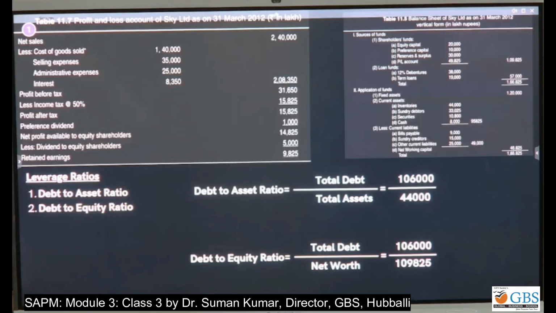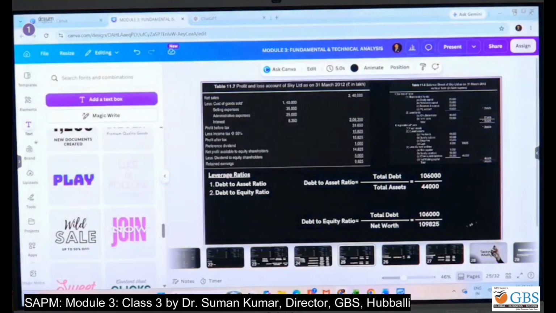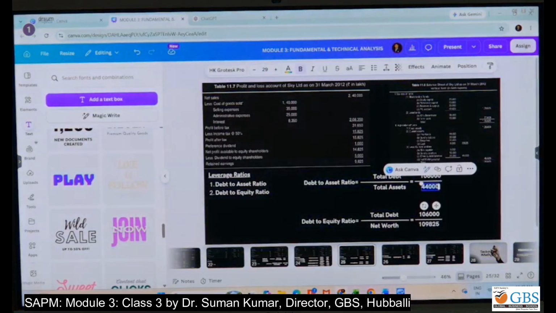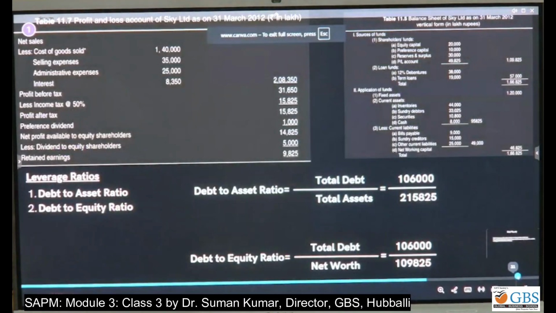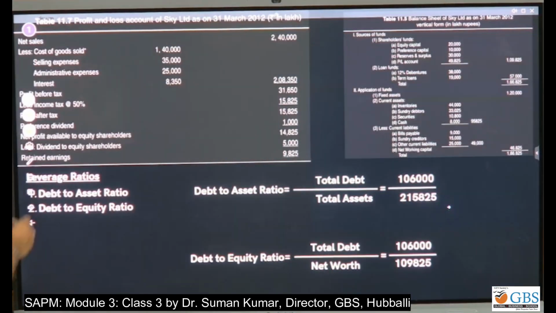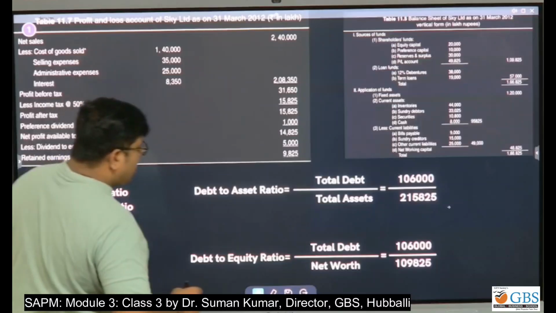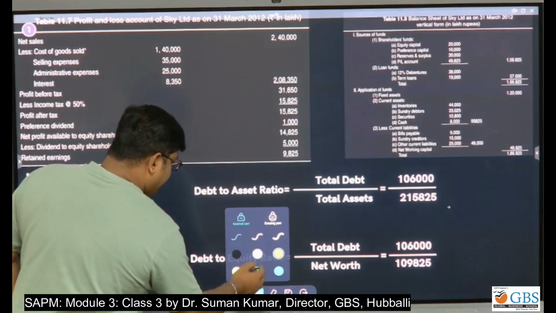This is wrong. Total assets is equal to 1,20,000 plus 95,825. How much does it come to? 2,15,825. Okay, so how to find the total debt? Right, shall we solve?